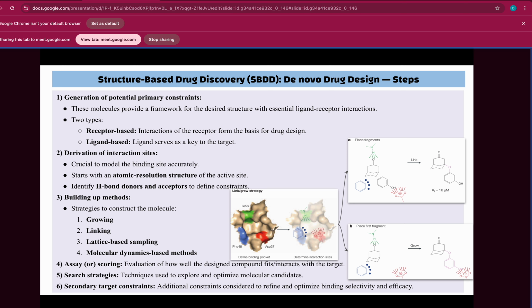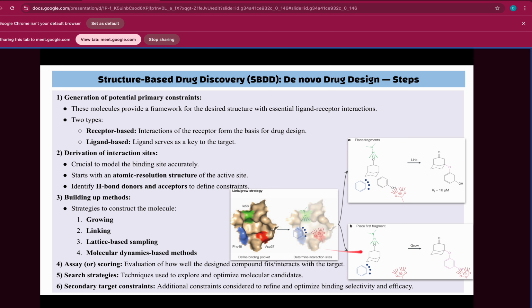All those studies also need to be performed to optimize this particular structure. Then assay or scoring, so different interaction evaluations will be done. Docking will be performed to find out the binding interactions with my target protein. Different search strategies could be used. Optimization and secondary target constraints could also be used to further refine it.